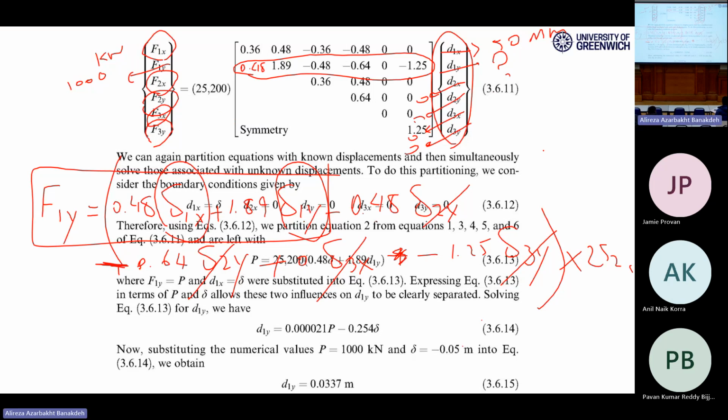And if you say this is 50 millimeter and multiply it by 0.48 and bring whatever it is to the left-hand side, it will be added to this 1000 kilonewton, whatever it is. The settlement works as an equivalent external force, right? Because 1000 kilonewton was an external force, sort of. So we have something else in the right-hand side, which is 50 millimeters times something.